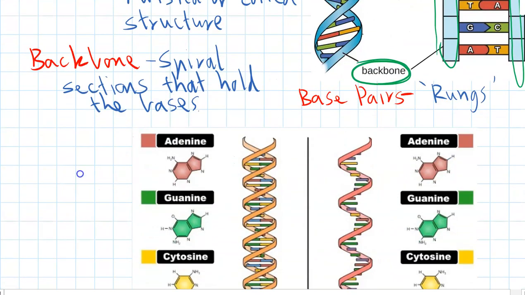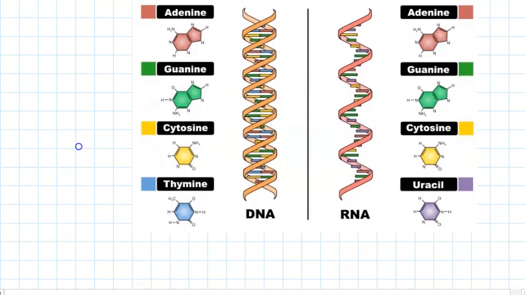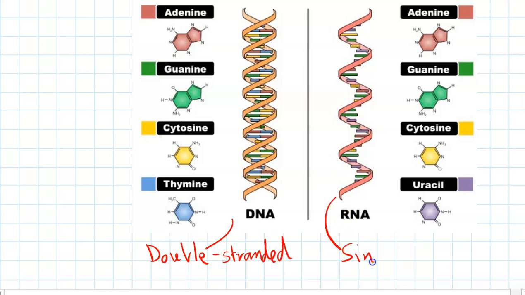So that's DNA, but for RNA, remember there's a few differences. DNA is double-stranded, whereas RNA just has the one strand, so we call it single-stranded. So then obviously RNA has a single helix structure.